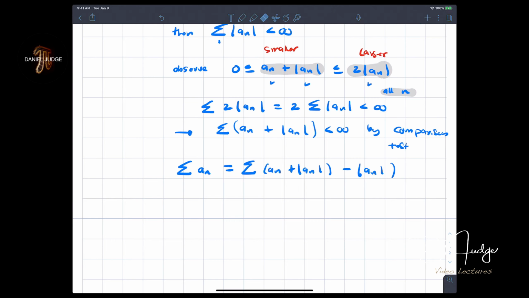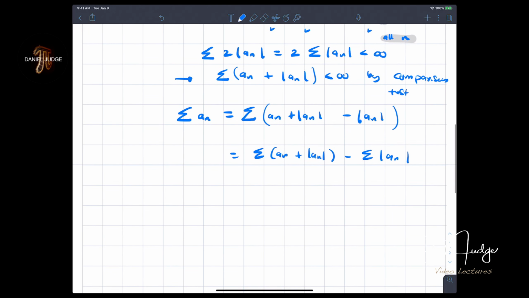Even if I didn't have these parentheses, what we're saying is that this term subtracted with that term is 0, and you're just left with the a_n term, what we started with. Now, by properties of series, you get the sum of a_n plus the absolute value of a_n, minus the sum of the absolute value of a_n.